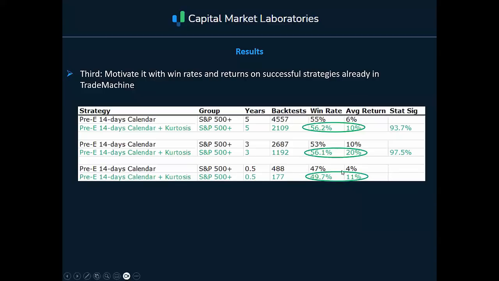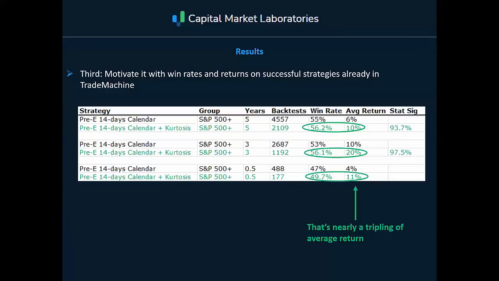With kurtosis, 4% went to 11%. And that, of course, is nearly a tripling of the average return. We've shown a doubling of the average return in stocks, and now a doubling or a tripling of the average return in options, with statistical significance across a variety of strategies.